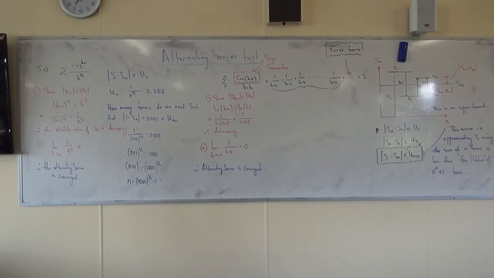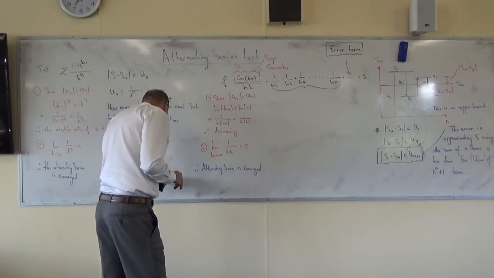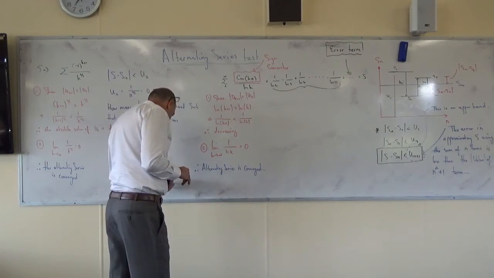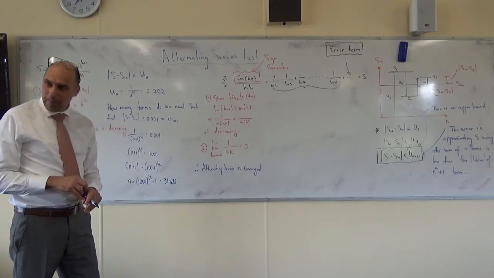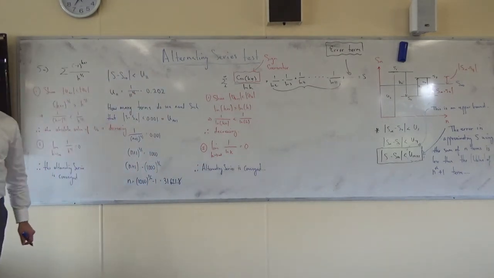Really? Wow. Okay. 31,000? 621 point what? 0.8. So how many terms do I need?